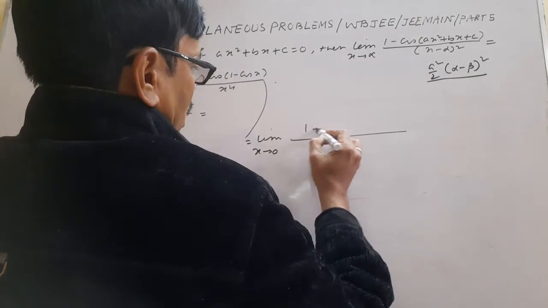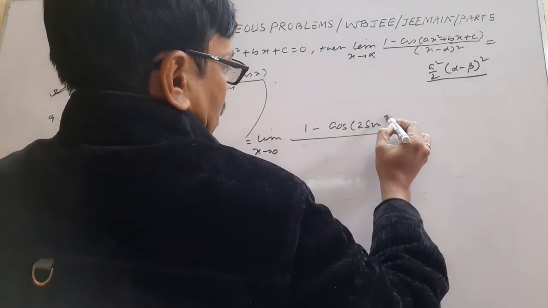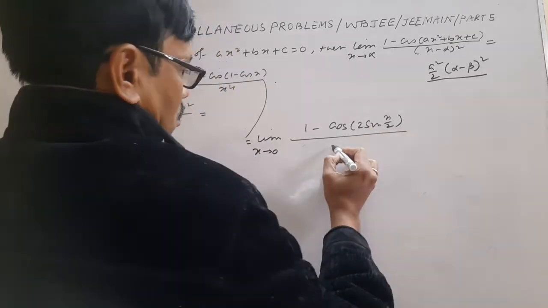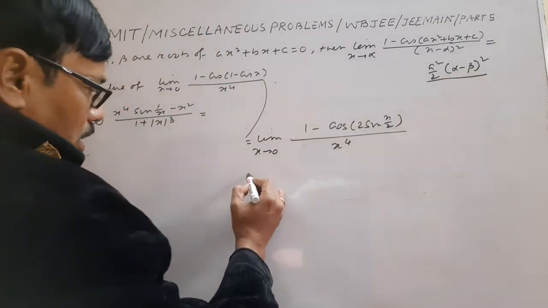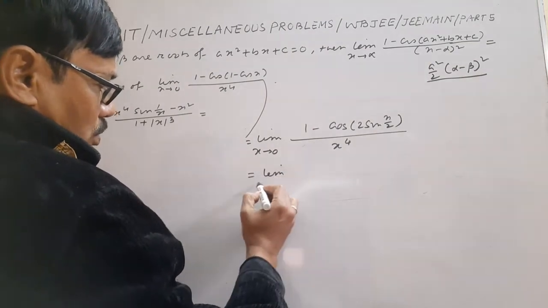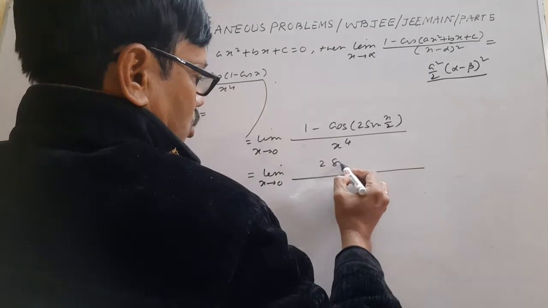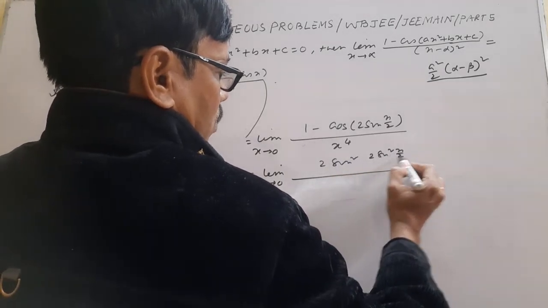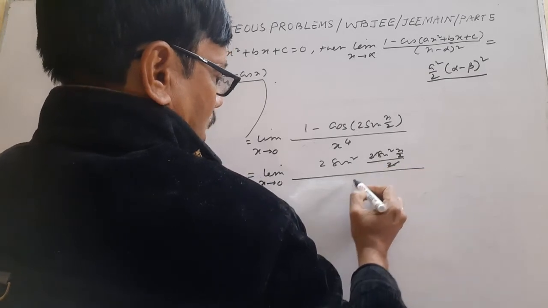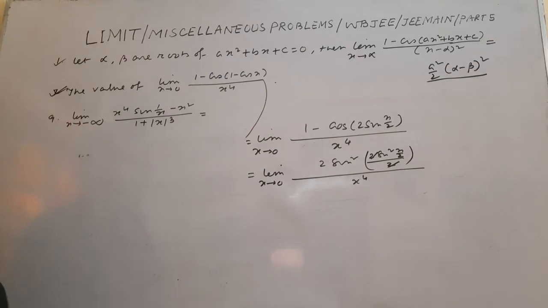So 1 minus cos x is 2 sine square x by 2, by x to the power 4. Then again use the formula 1 minus cos x equals 2 sine square x by 2, so 2 sine square x by 2 by 2. So 2 cancels, by x to the power 4.